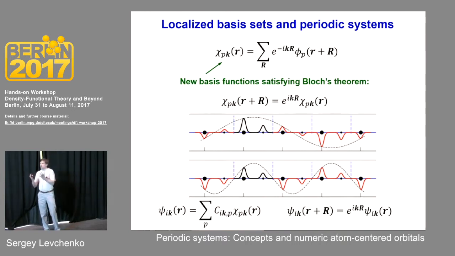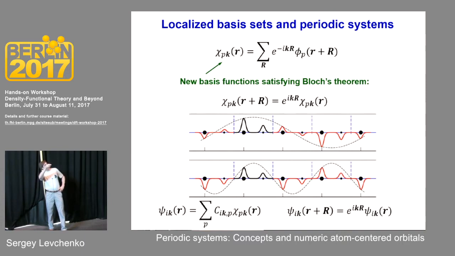So how can we use localized basis functions to describe a solid? One way to do it, and this is how we do it in FHI-aims, for example, is to introduce periodic basis functions that satisfy Bloch's theorem. So we just introduce this basis function, which is a linear combination of the normal basis functions, phi p, but we take into account the periodic repeats of these functions with a phase vector.